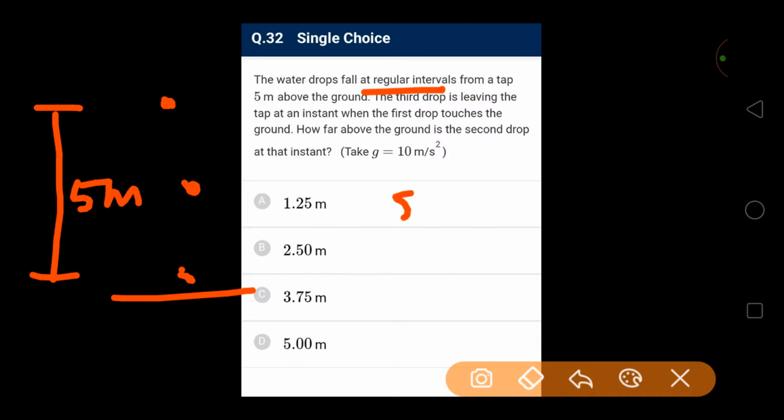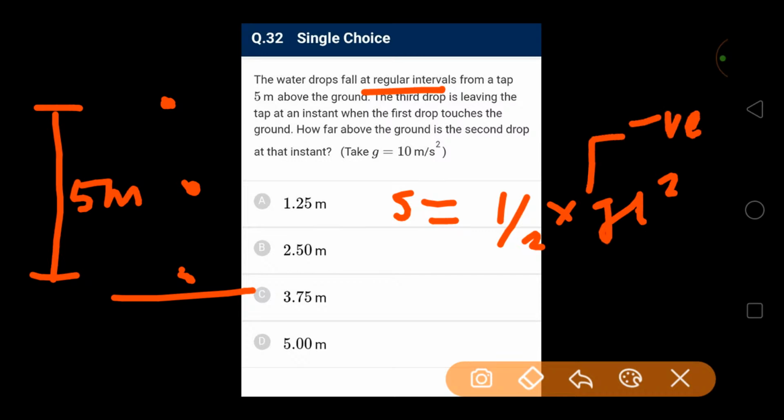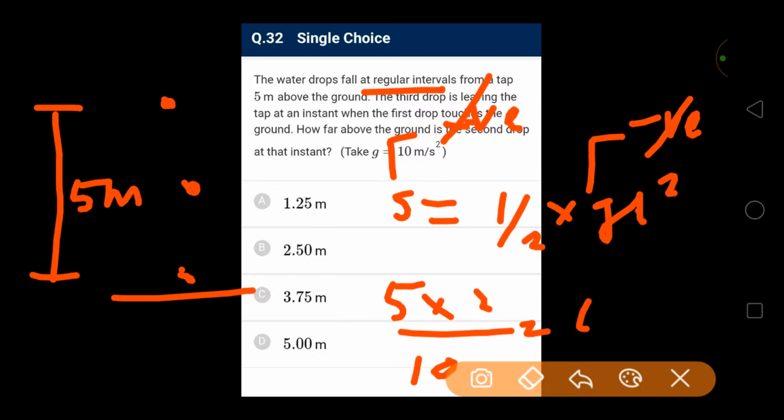So we know that S is equal to ut plus half at square. Dropping means u is 0. Simply we can write half gt square. G is negative. S is also negative because of the negative y-axis. So negative negative cancel. So S is 5 into 2, G is taken to be 10, is equal to t square. So t comes out to be 1 second.